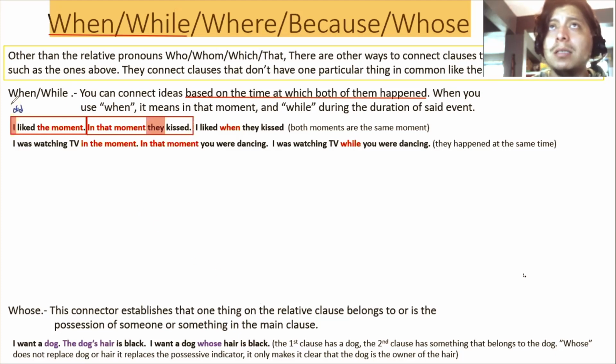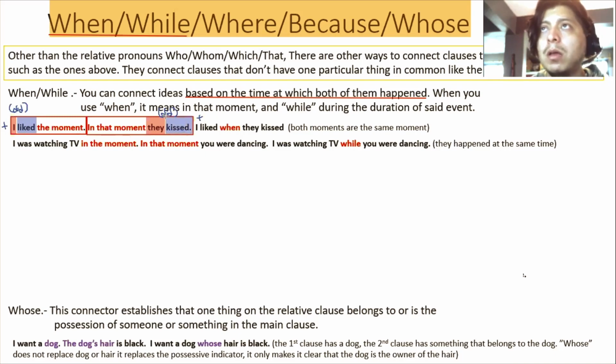In the past, the auxiliary is did, but we don't use it in affirmative statements. In this case, it is also the simple past, so the auxiliary is did, and we don't really use it because this is an affirmative statement. We don't have an auxiliary because of that. So we have a verb. The verb is the verb to like and the verb to kiss.